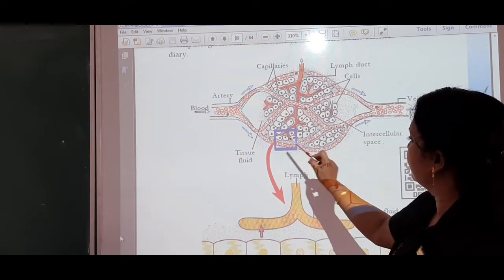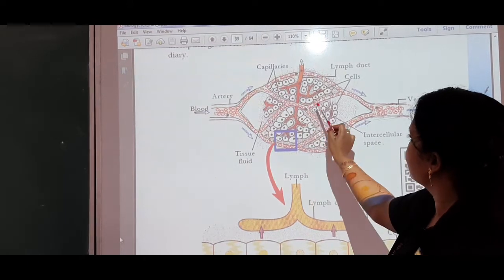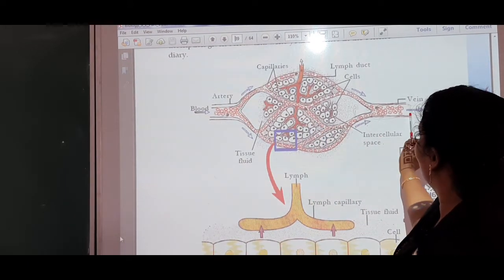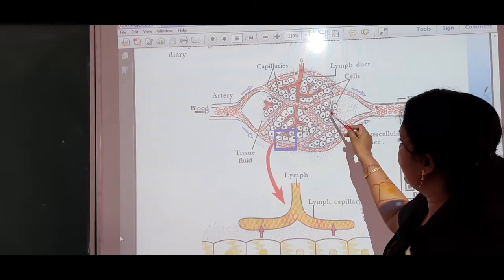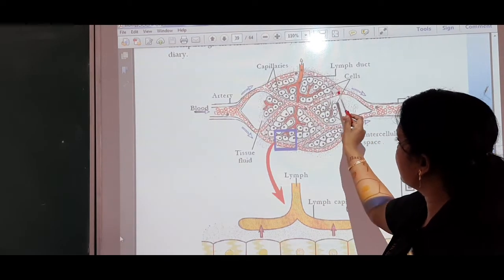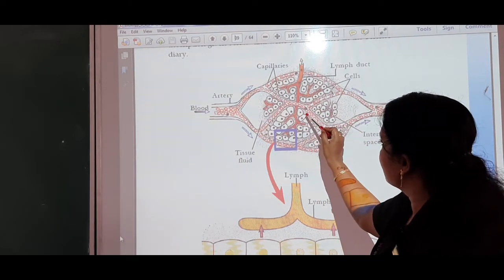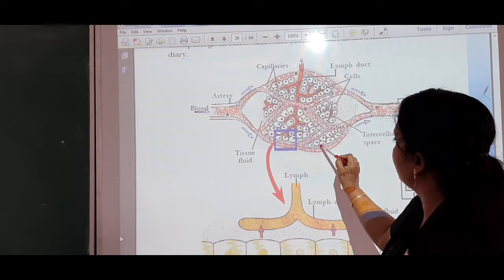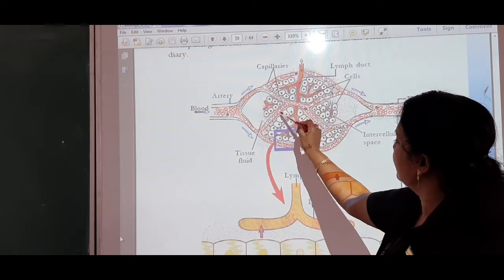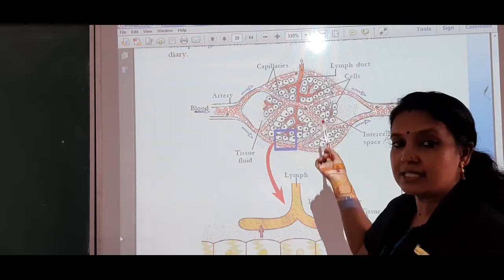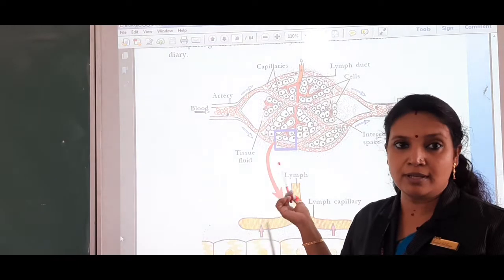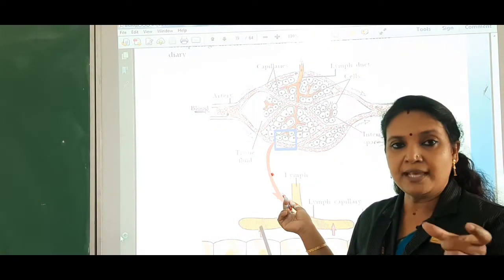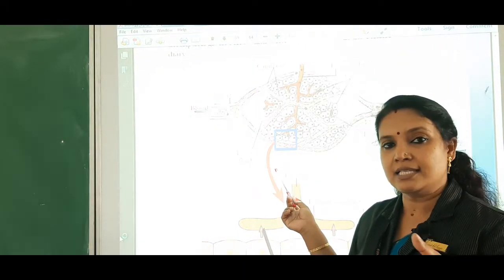These are the capillaries, and capillaries join together to form the vein. Okay, and these are tissues, and you can see here space between the cells. The adjacent space between the cells is known as intercellular space. That means the space between the adjacent cells.